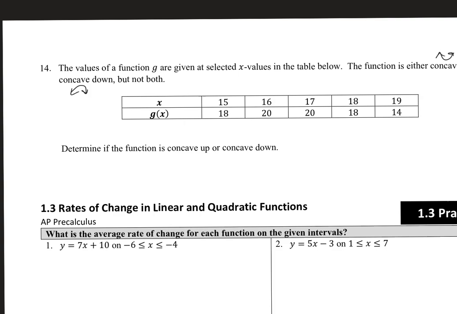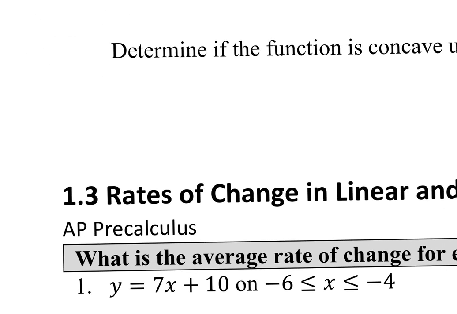Now, here's the beauty, the thing that you need to know about this before we move on. There's a rule. Maybe you just want to put a little asterisk here. This is something you absolutely want to know. And that is that if the rate of the average rate is positive, then it's going to be concave up.